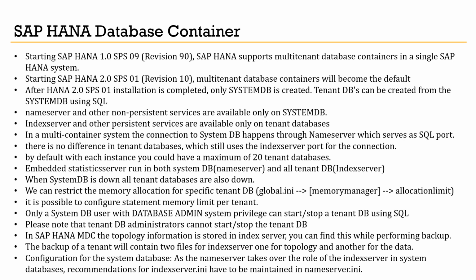So interview question: what is the difference between HANA 1.0 and 2.0? HANA 1.0 is single container, and HANA 2.0 is multi-container, and by default when you install HANA 2.0, it is installed as multi-container. After HANA 2.0 SPS 01 installation, one system DB and one tenant database are created.